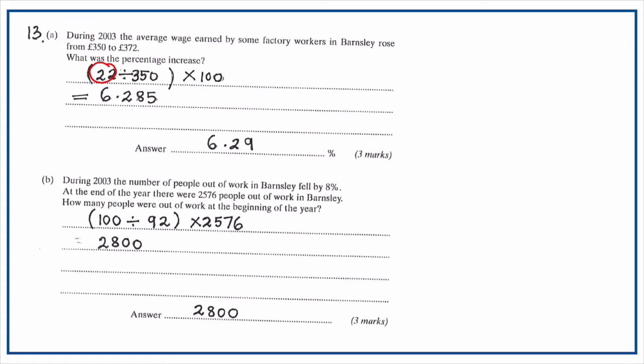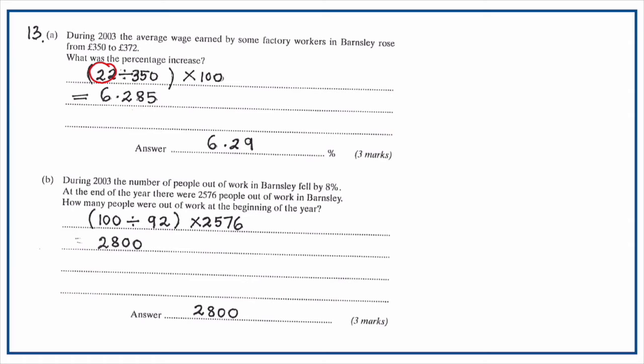So here, this is reverse percentages, using direct proportionality. So 8% from 100% is 92%. So 2,576 represents 92%.